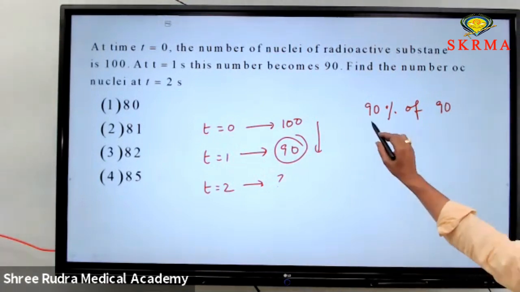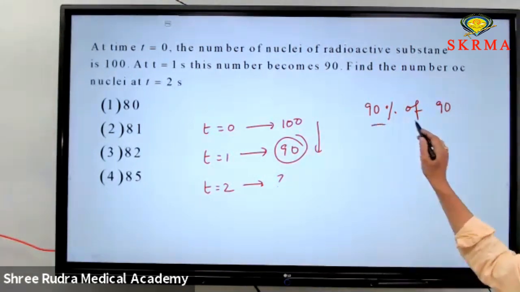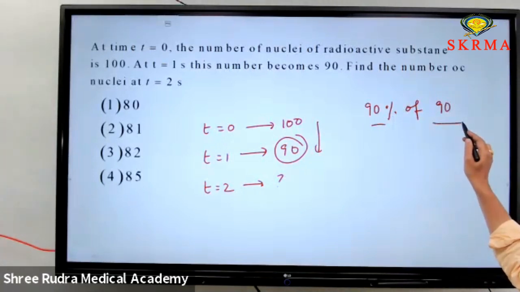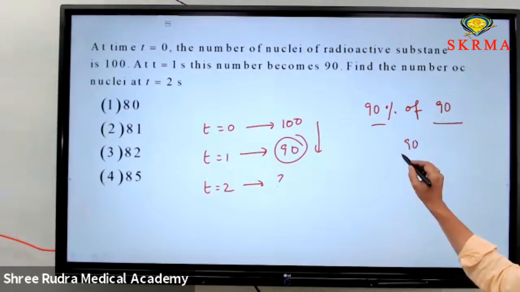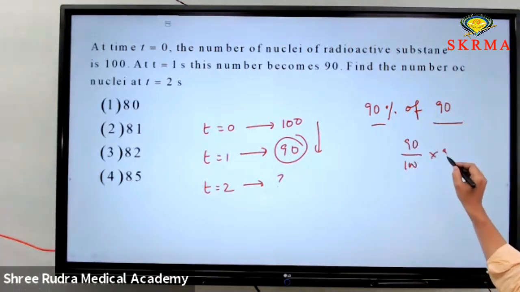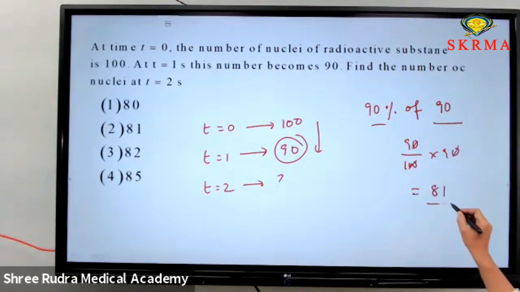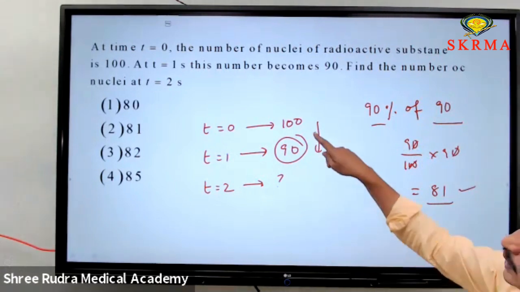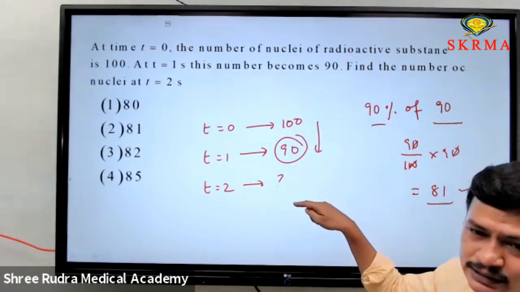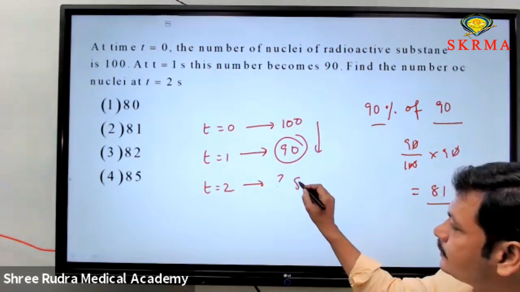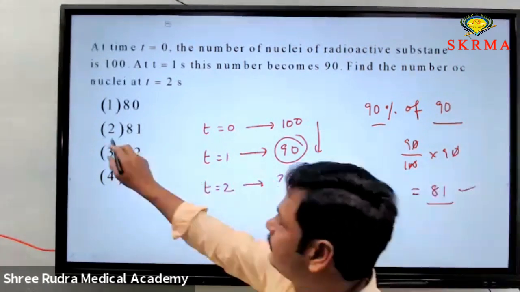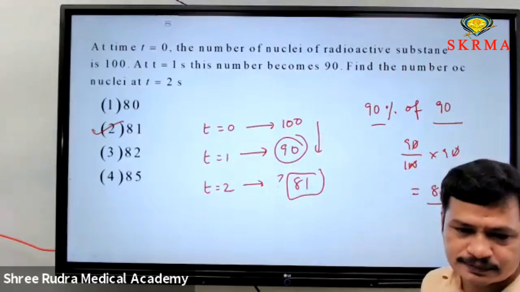That's why in the next second, 90% of 90, which is 90 by 100 of 90. The zeros cancel, and the remaining is 9 times 9, 81. 81 are left. Or you can calculate in another manner: 10% of 90 is 9, and 90 minus 9 is 81. So 81 is the correct option.